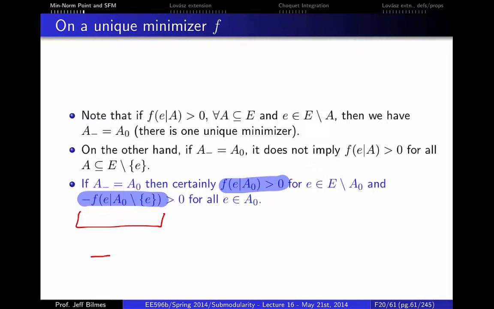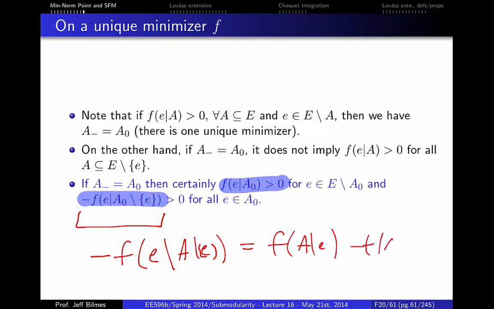If we do minus F of E given some set A except for E, that's equal to F of A except for E minus F of A. So it's kind of like the loss. And we're saying that the loss is strictly greater than 0.